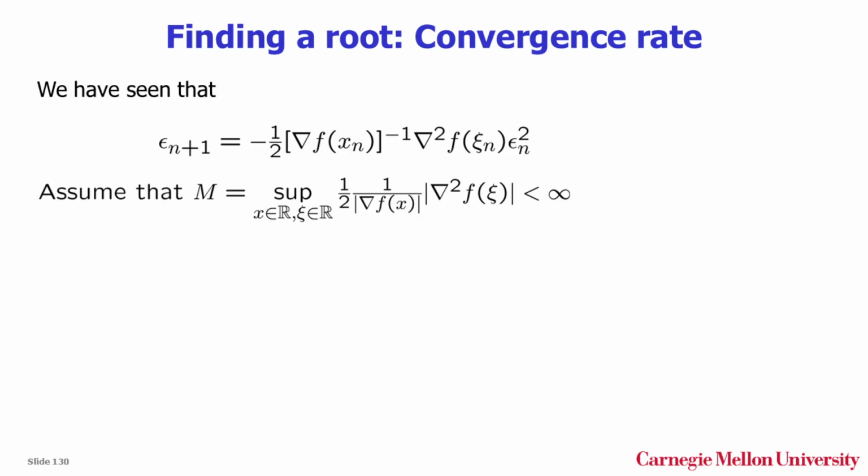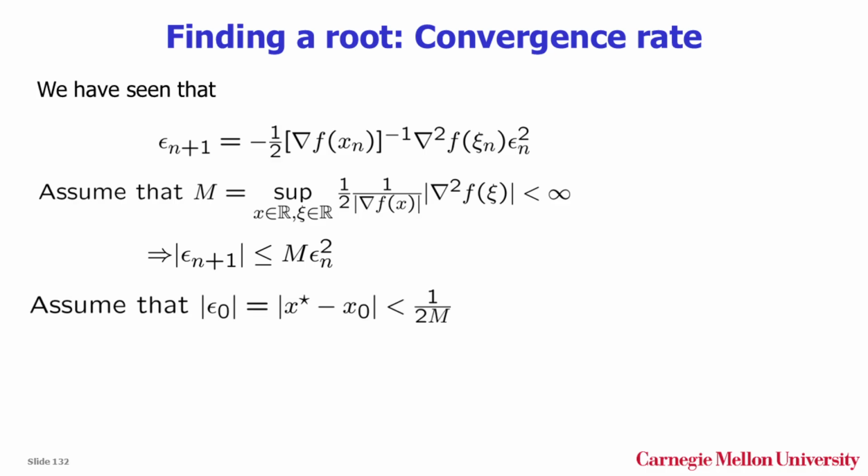Let m denote the supremum of the absolute value of the multiplier of epsilon n squared and assume that m is finite. Then we have this bound: epsilon n plus 1 in absolute value is less or equal than m times epsilon n squared.